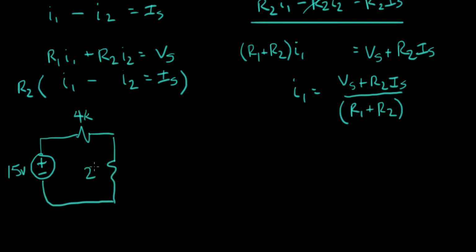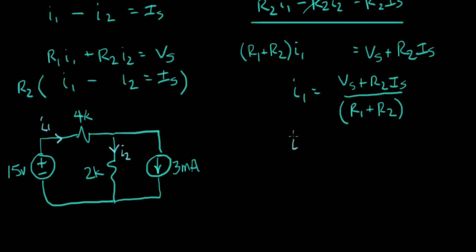We had a 2K resistor here and a current source. And that was 3 milliamps. And we want to discover, this was I1 and this was I2. Those are the 2 unknown currents. Let's see if we can find those.